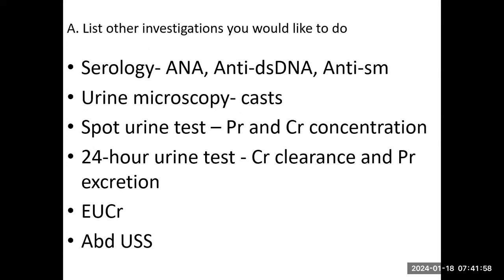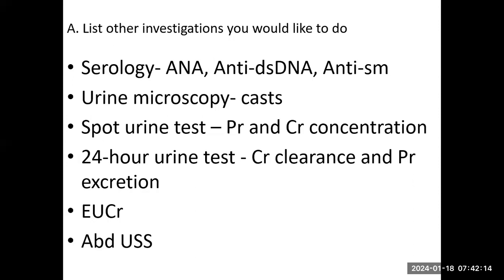So for the first question, list other investigations you would like to do. Being that the patient's clinical picture portrays systemic lupus erythematosus, I want to do a full serologic panel.